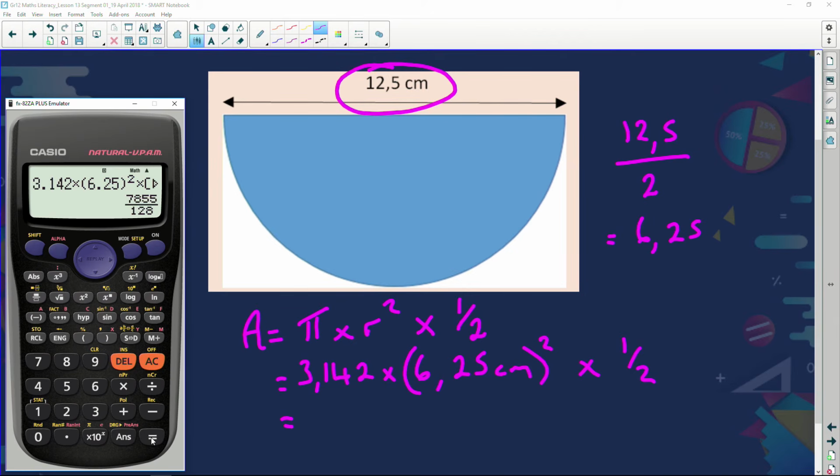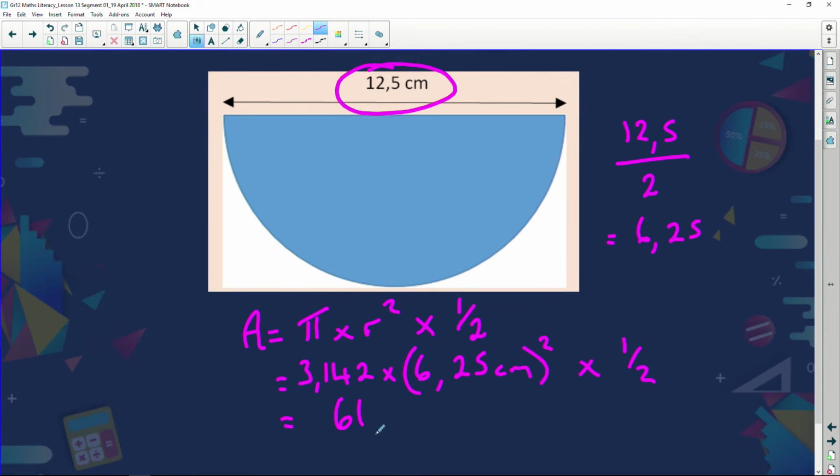My answer then gives me this whopping 61,3671875. I'm going to round it to 2 decimal places, 61,37. Okay, 61,37 centimeters squared. Why centimeters squared? Because folks, we're dealing with area. Another example quickly.